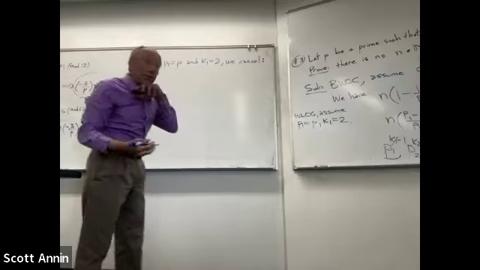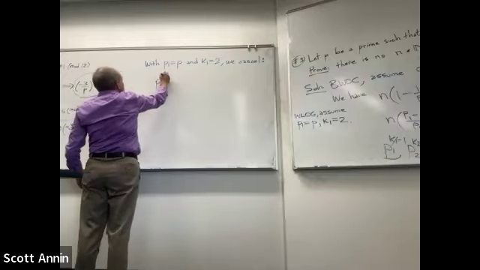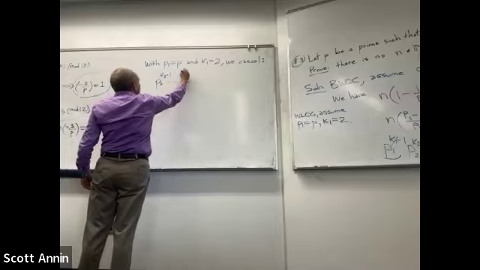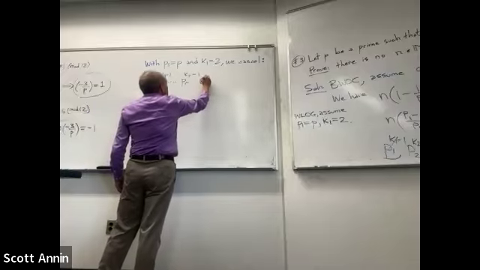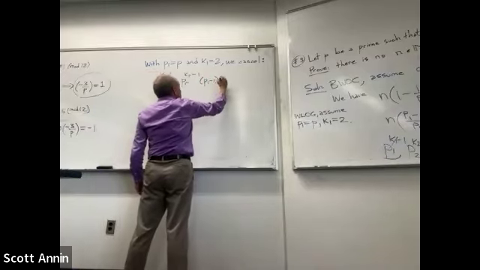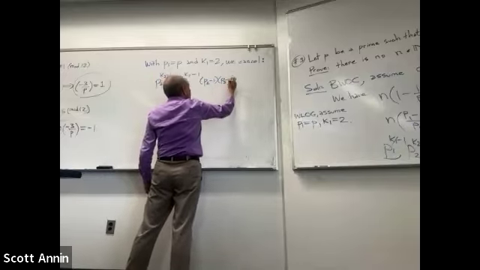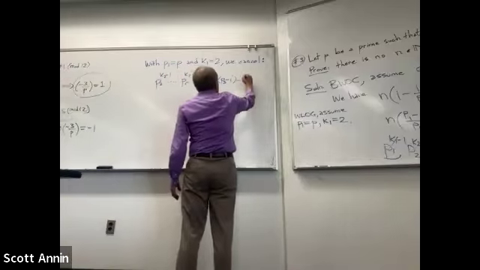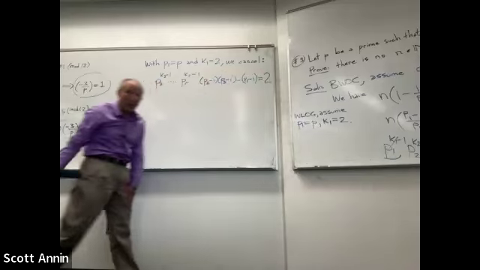And when we've canceled, what are we left with? P2 raised to the K2 minus 1 times ... times PR to the KR minus 1 times P1 minus 1, P2 minus 1, P3 minus 1, and all the way up to PR minus 1 equals 2.